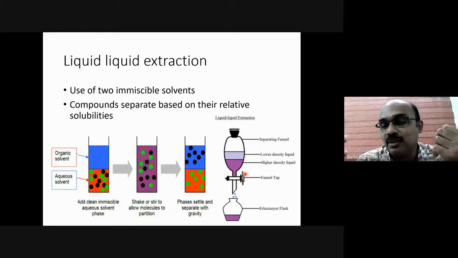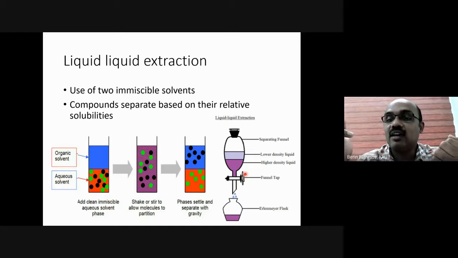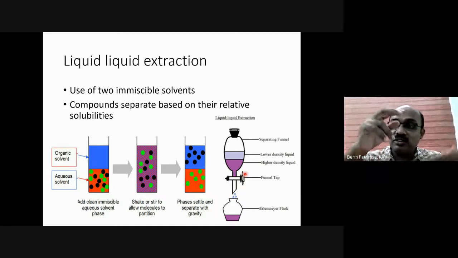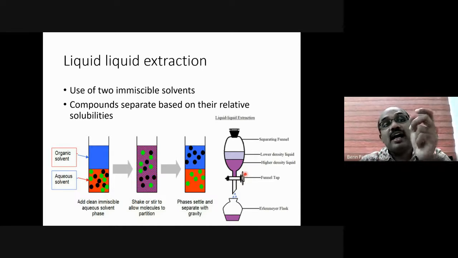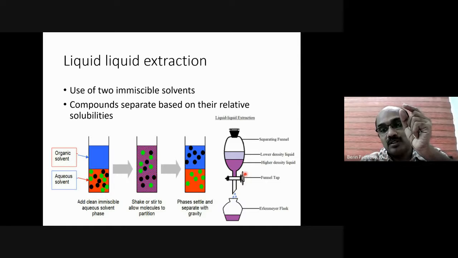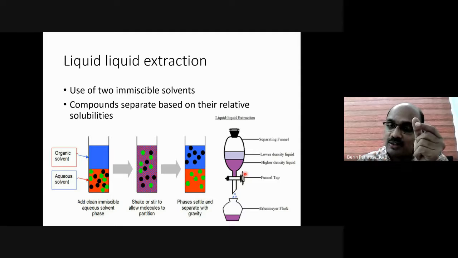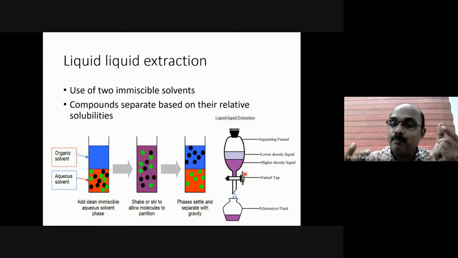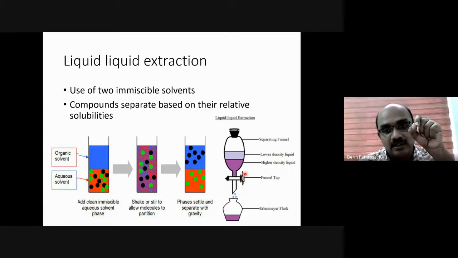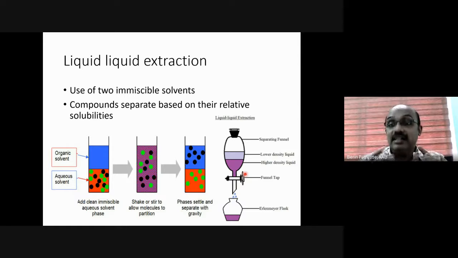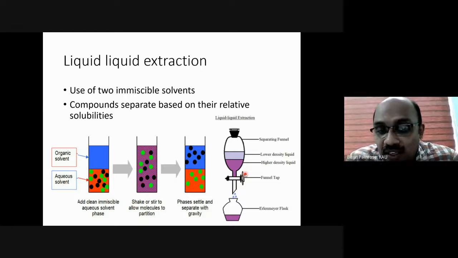Whenever you use the separatory funnel, you have to be extremely careful. Immediately after taking it out from the stand, close it, take it out and keep it inverted upside down and open that knob so as to release the vapor pressure. Then close the knob again, slightly mix it. Again invert it, open it, release the pressure, close it again, mix it. In a similar way, you mix the water with the solvent carefully.